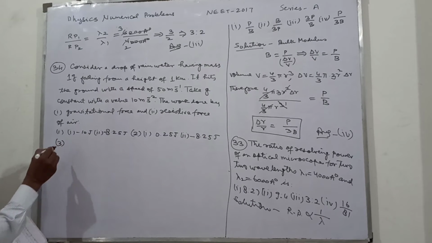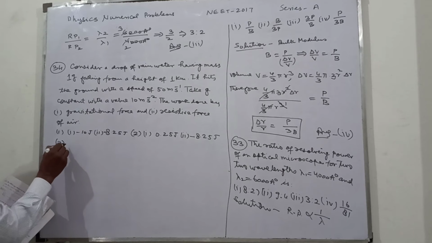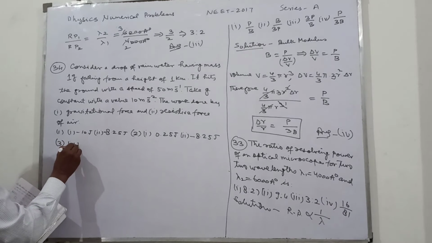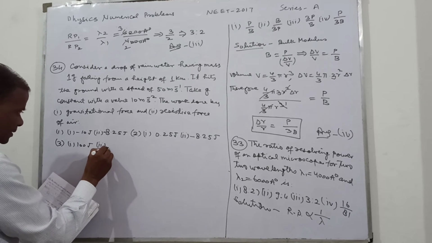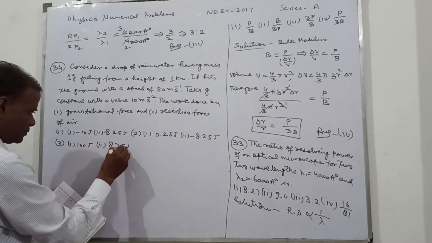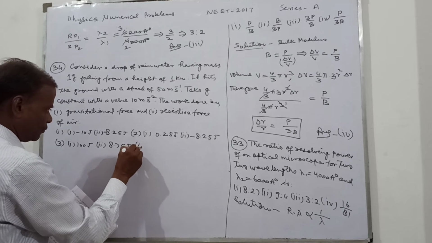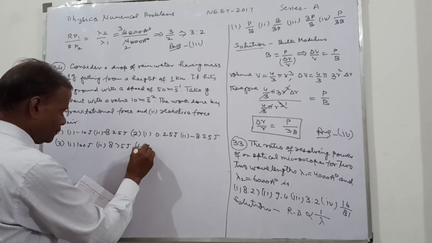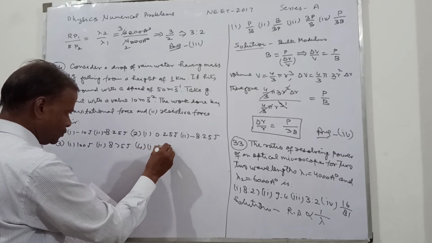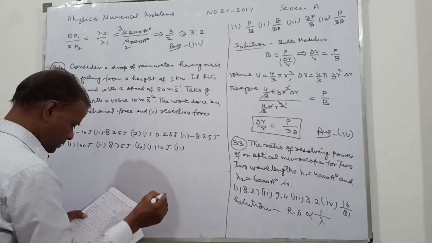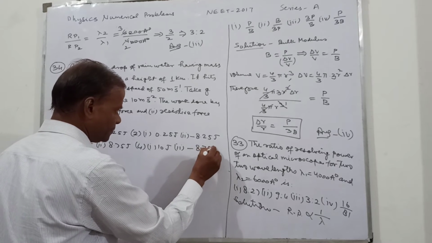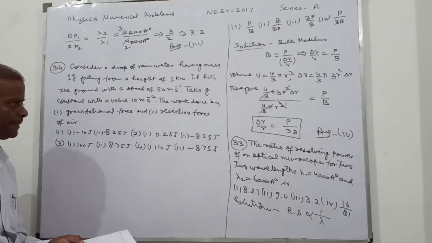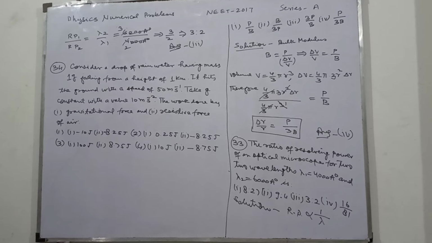Now third option: first is 100 joule and second is 8.75 joule. And now fourth option: first is 10 joule and second is minus 8.75 joule. This is the question.